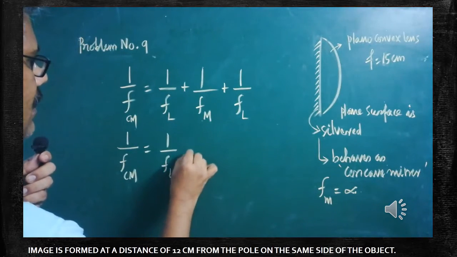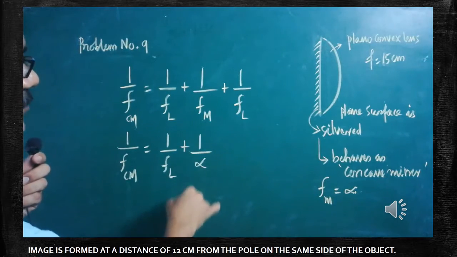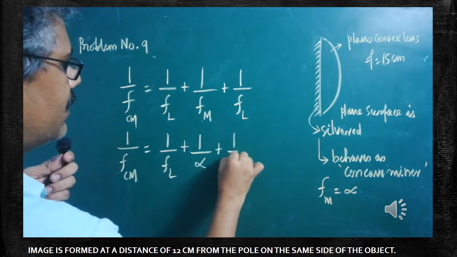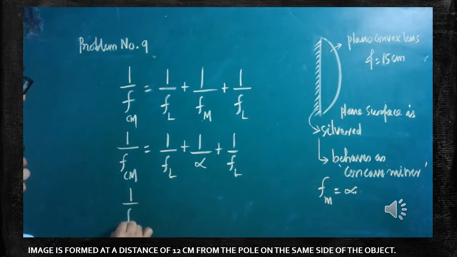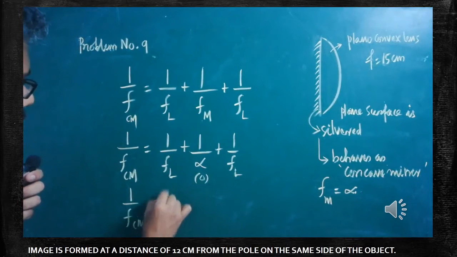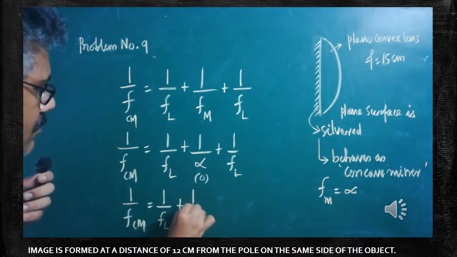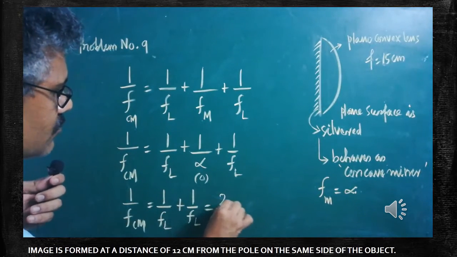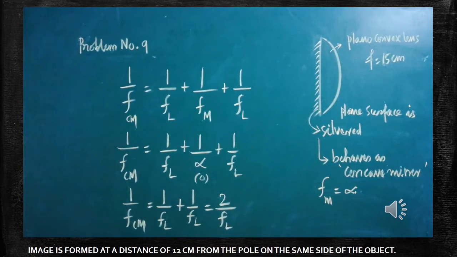The focal length of the plane mirror surface is infinity, therefore 1 by fl plus 1 by infinity plus 1 by fl must be written. 1 by infinity is equal to 0, therefore the remaining is 1 by fl plus 1 by fl, that is equal to 2 divided by fl.